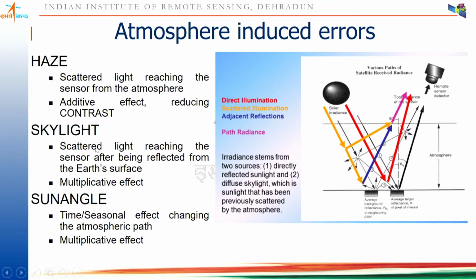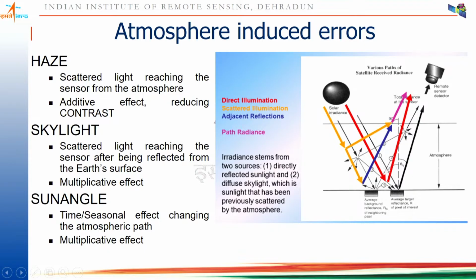The other two errors are skylight and sun angle effect. Skylight is also scattered light, the same as haze, but haze is the scattered light which reaches the sensor from the atmosphere, whereas skylight is the light which reaches the sensor after being reflected from the earth's surface.